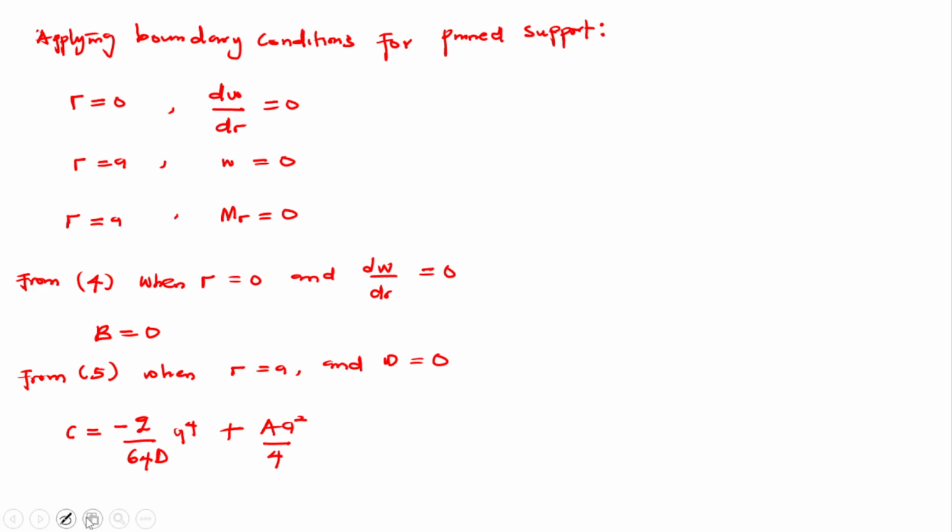So we also know that our moment of rotation, Mr, is equal to minus D into the square W over R square plus your Poisson ratio over R, the W over the R, equals to 0.